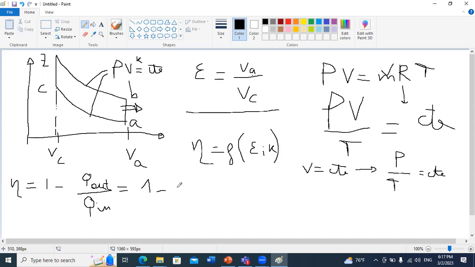Because the process is occurring at constant volume, we say it's mCv delta T. So we can write 1 minus Qout, which is between points B and A. So I can write it's 1 minus m times Cv times the temperature at B minus the temperature at A. Okay, the same procedure now for Qn. Qn is taking place between which 2 points?